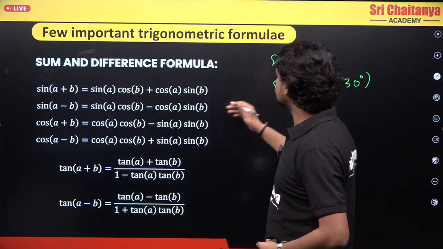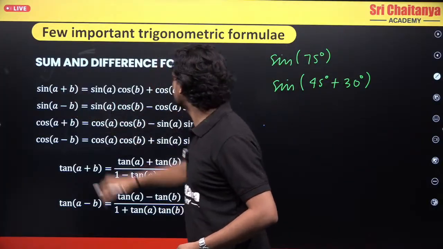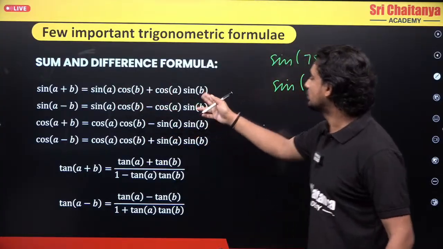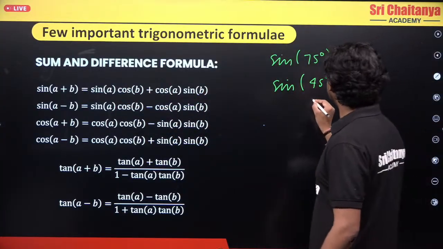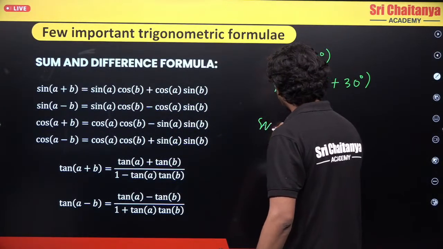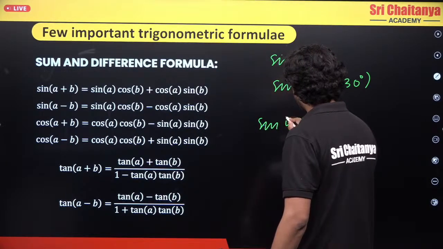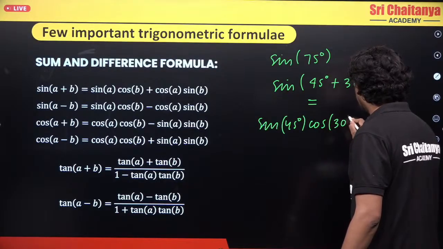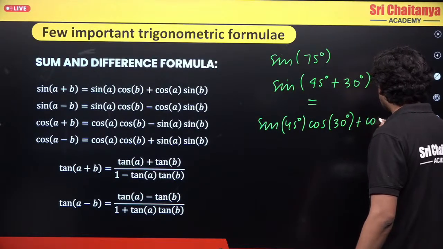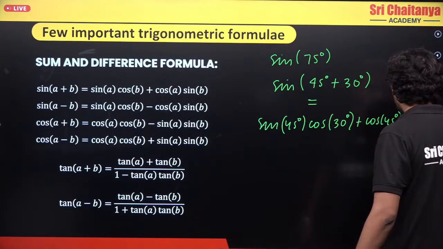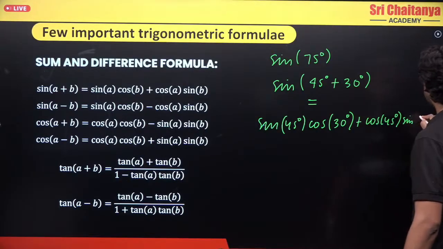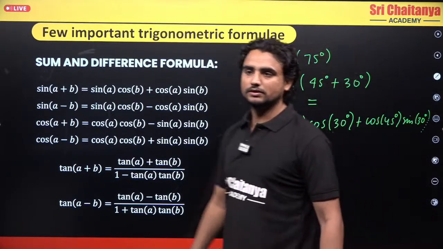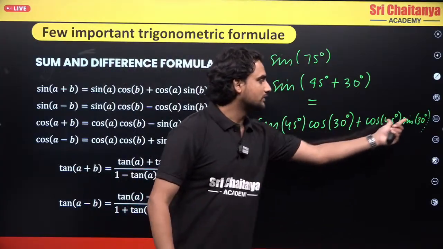If I use the first formula, what is sine A plus B? Sine A plus B is sine A cos B plus cos A sine B. So the formula I will use is sine A cos B plus cos A sine B, where B is 30 degrees.